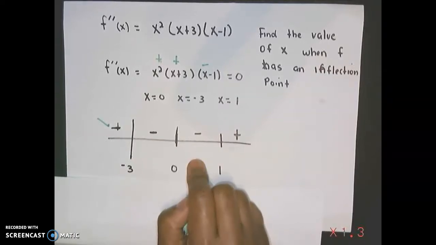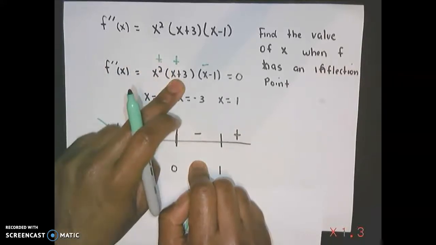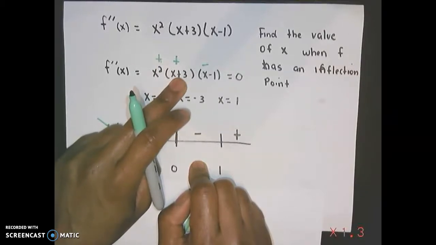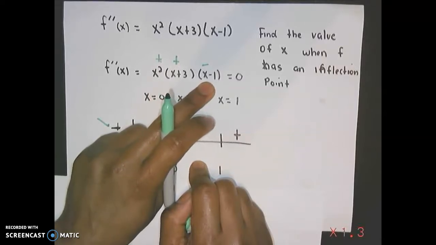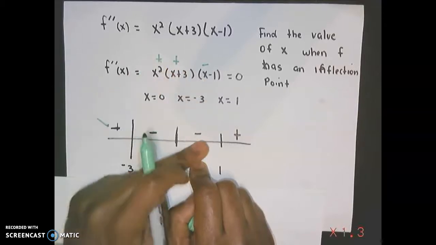All right, then let's choose a number between 0 and 1. I chose 1/2. Again, this is always positive. I'll put a positive number in here. Well, a positive number plus 3 is still positive, so this is positive. But here we're going to get 1/2 minus 1, so that's going to be negative. And so we have, again, a positive times a negative, which is going to be a negative.